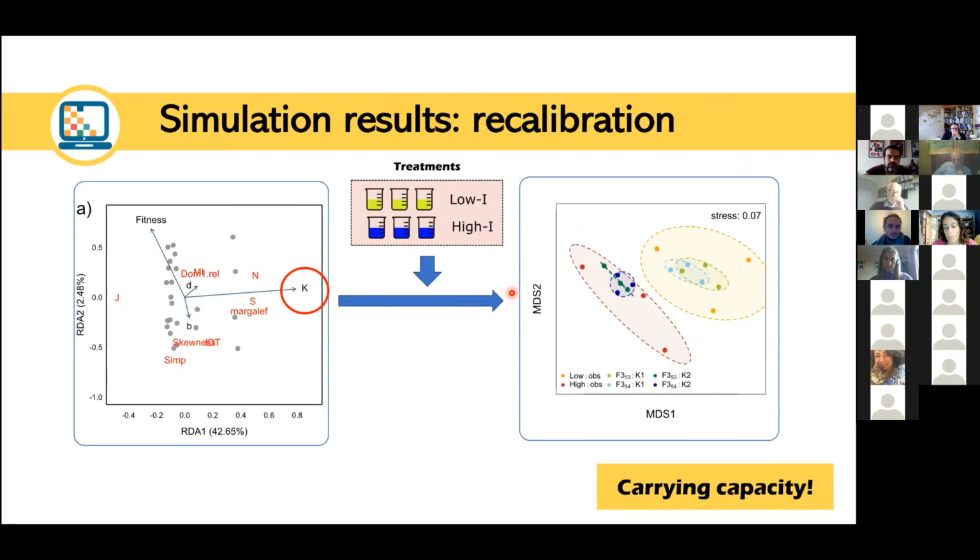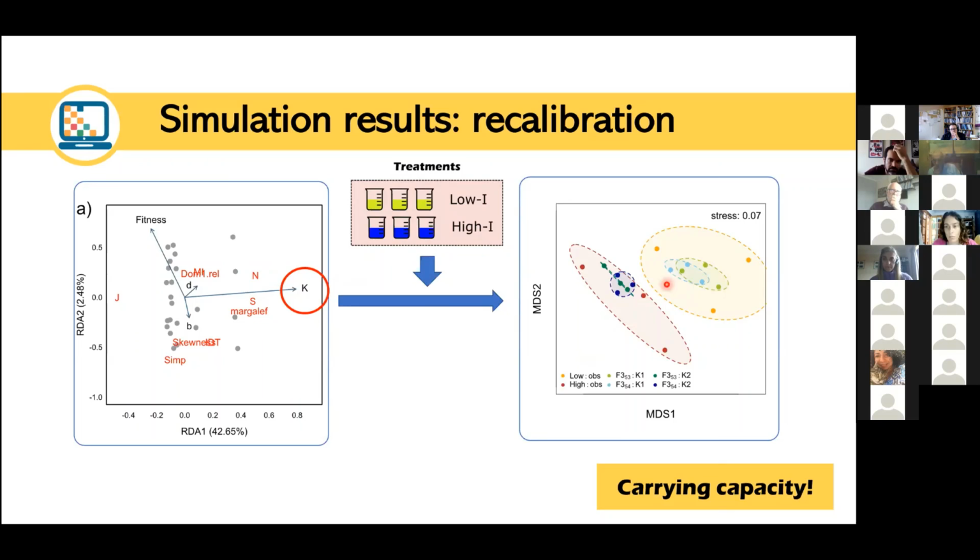Specifically, we adjusted the carrying capacity of the control parameterization proportionally to the abundance of the observed microcosm treatment. So we took the final abundance of the treatment and adjusted just the carrying capacity to match this, and so we were able to predict the directional change observed in the microcosm treatments.